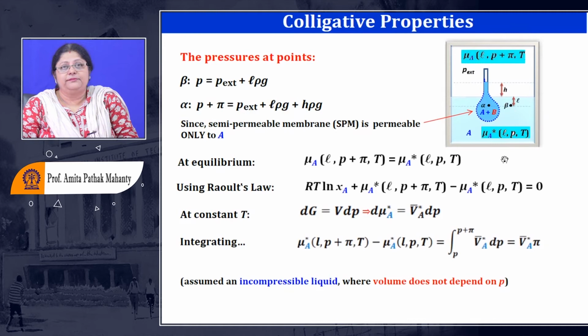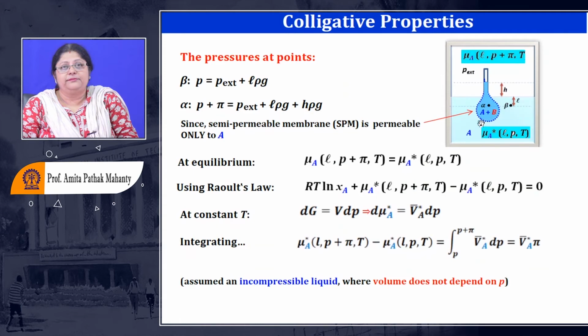So now what are we looking at at equilibrium? What should happen? At equilibrium, this should not keep on rising. At equilibrium, what we need to know is that the chemical potential of the species A in this region should be the chemical potential of that species in the pure solvent region. These are the two regions we are looking into: this is the mixed phase, and this is the pure phase.